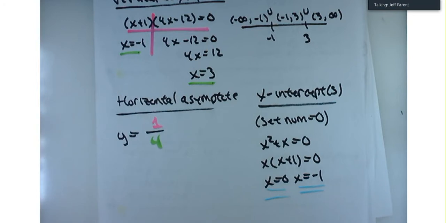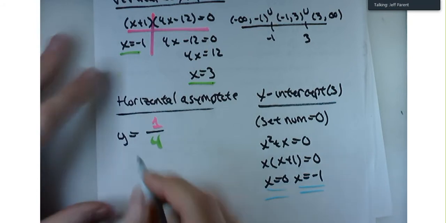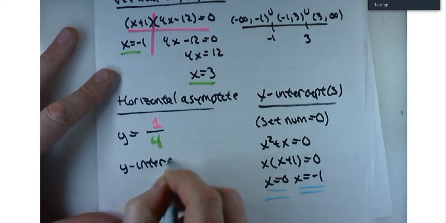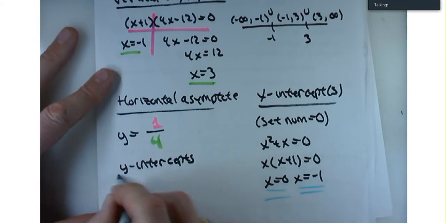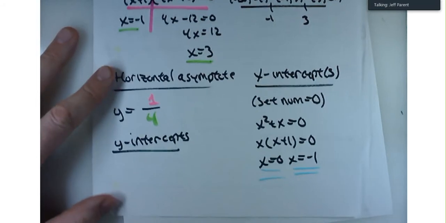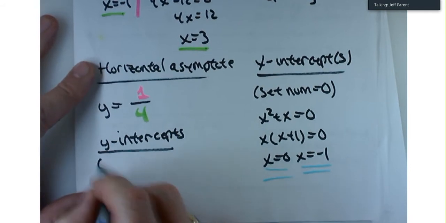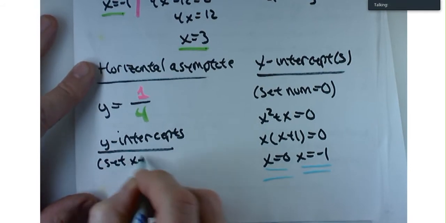The last thing to kind of follow this up with is the y-intercept. And if you're actually really sharp, you'll already see that we kind of got the y-intercept already. But in general, you're going to set x equal to 0.